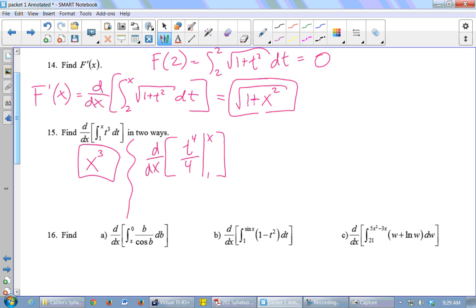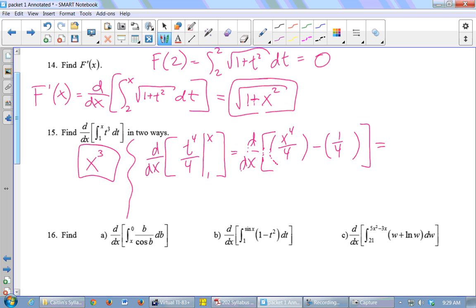And I'm just carrying this d dx along. I'm going to take the derivative last. So when I plug in the x, I get x to the 4th over 4. When I plug in the 1, I get 1/4.